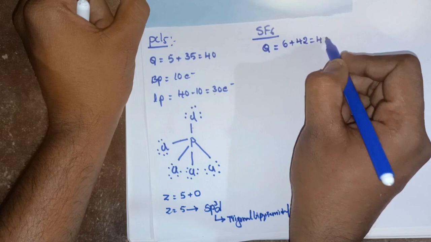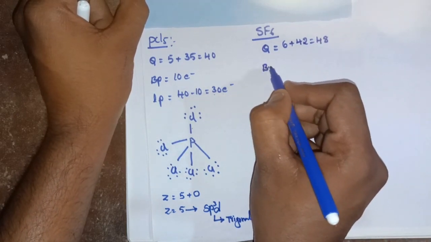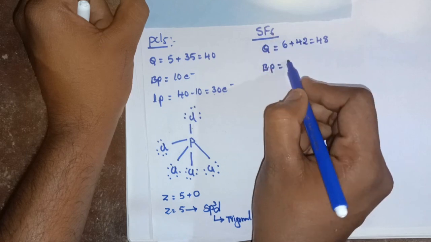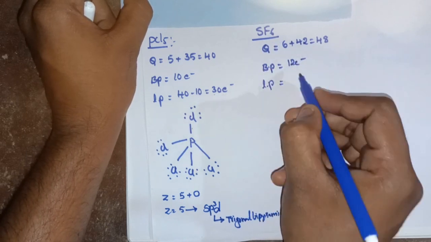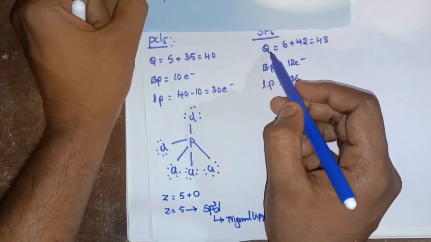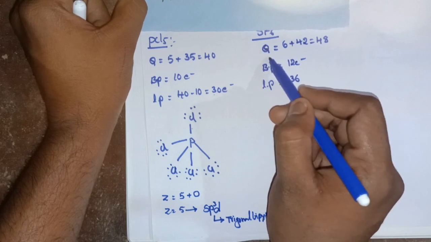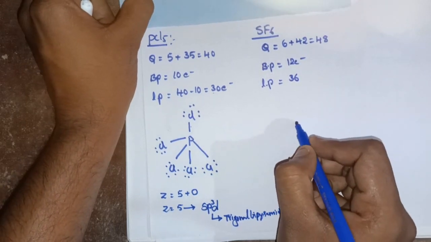That is 48, the total number of electrons in SF6. Bond pair electrons will be 6 into 2, 12 electrons. Lone pair electrons will be 36, when we subtract bond pair electrons from the total electrons.